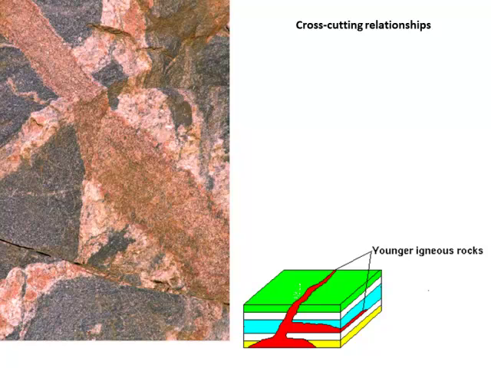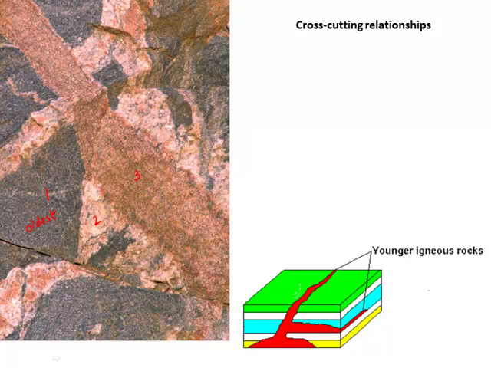As an example, here we have an image on the left that shows 3 different rock types: a darker igneous rock, a light colored igneous rock, and a third igneous rock that's sort of intermediate between the first 2. When you look at the field relationships here, what we see is that rock unit 1 is cut by rock units 2 and 3, and hence rock unit 1 is the oldest of them all.